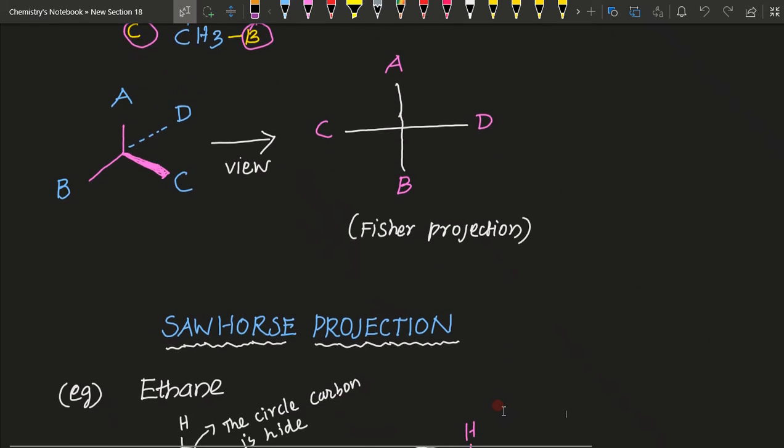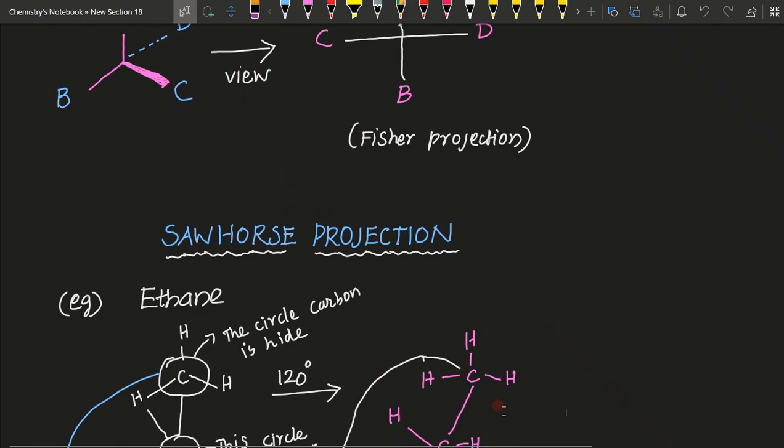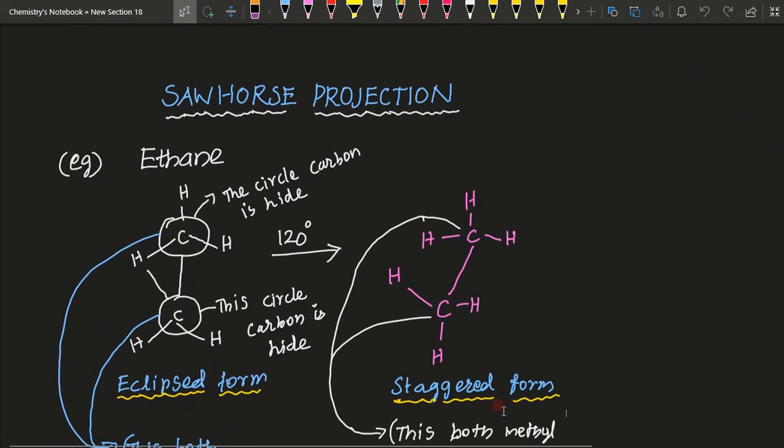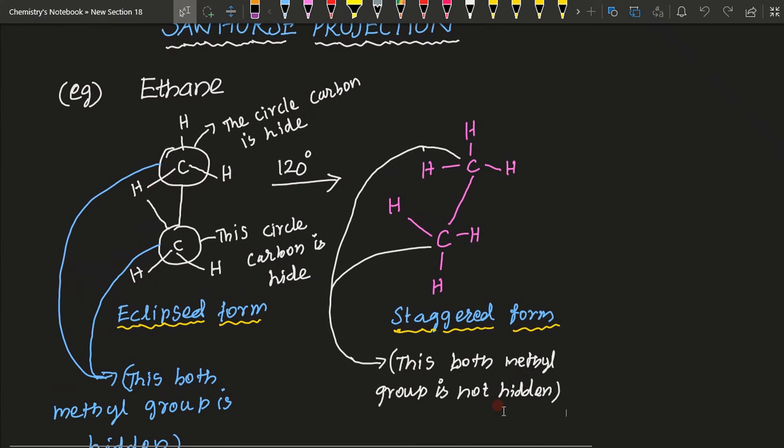Sawhorse projection, for example ethane molecule. Ethane, we know that CH3, two methyl groups. This is the one carbon, this circle is another carbon, just like that.